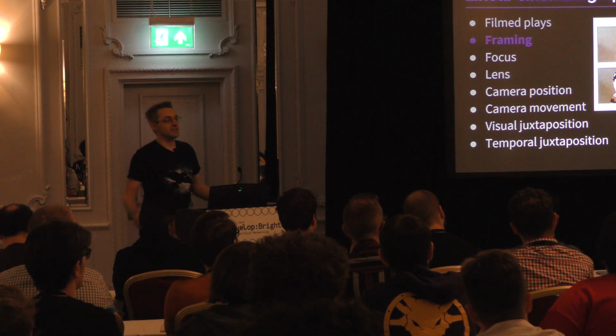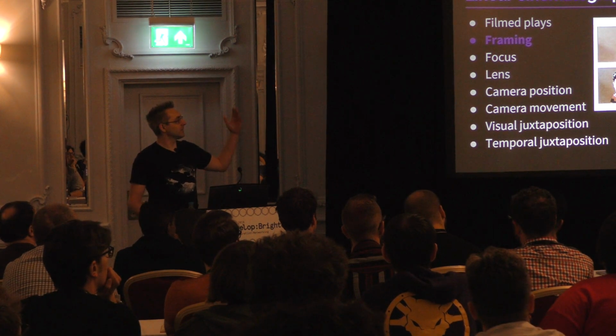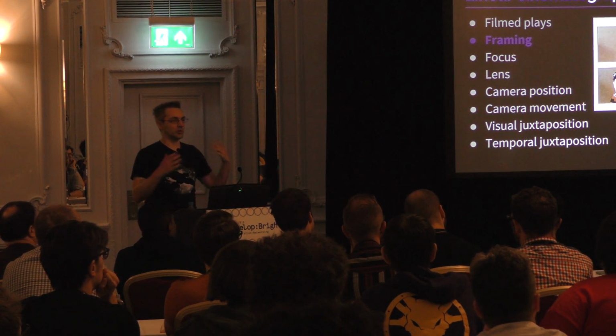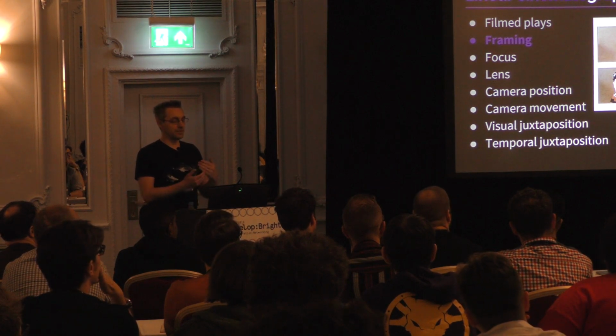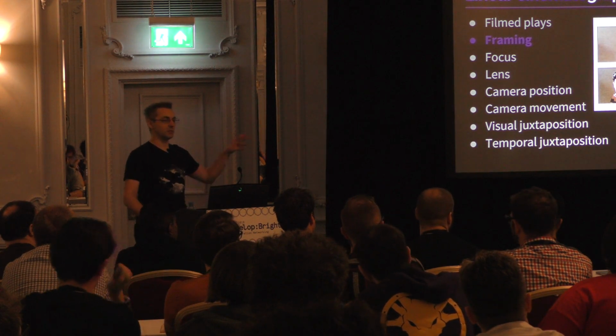So, framing in cinema: I presume you're probably familiar with the basic setup of long shots, medium shots, close-ups, and so on. But that broadly correlates to a level of intimacy with the subject.